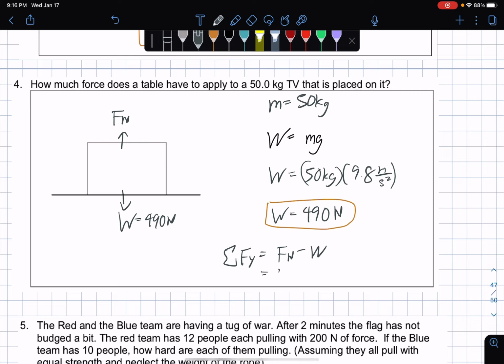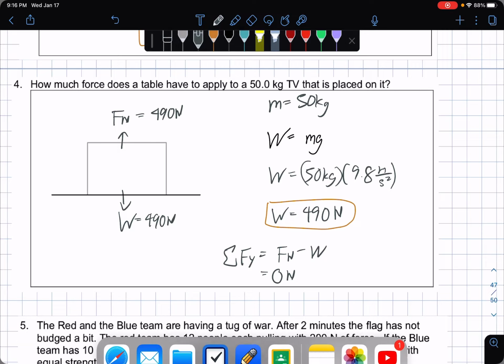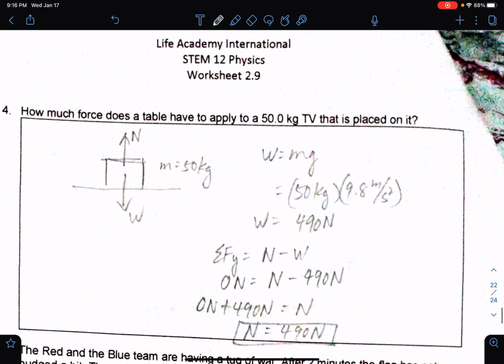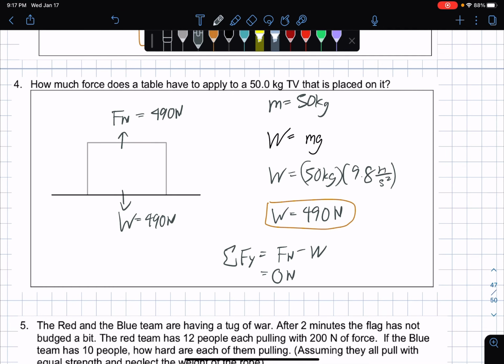In order to make this 0 newtons, the normal force should also be 490 newtons, I suppose. What does this thing say? Okay, so normal force, weight, yeah. I think it makes sense even if you don't write this there.